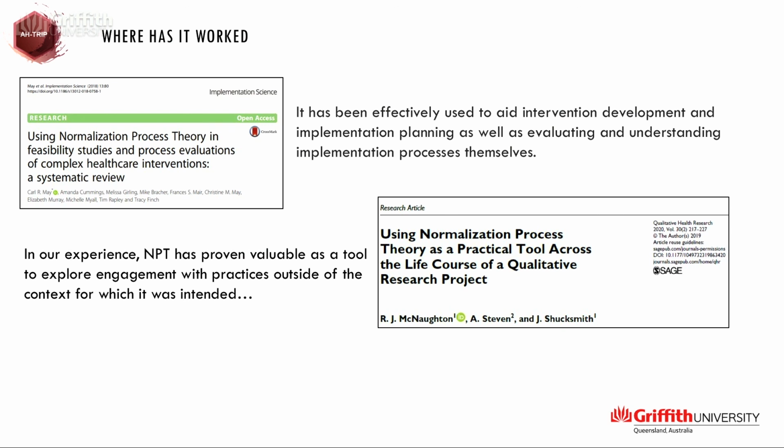McNaughton et al. suggest that in their experience, NPT has proven valuable as a tool to explore engagement with practices outside of the context for which it was intended. So there's a real generalizability for NPT to be used. It was developed in e-health, and it's predominantly being used in the health field, but it's starting to gain more ground in other areas. Myself, I've used it in sports injury prevention and sports management.